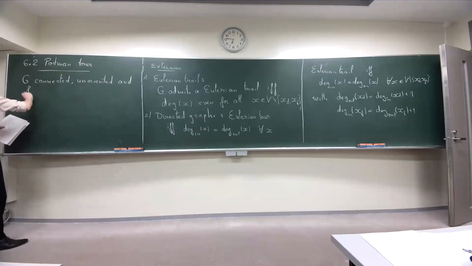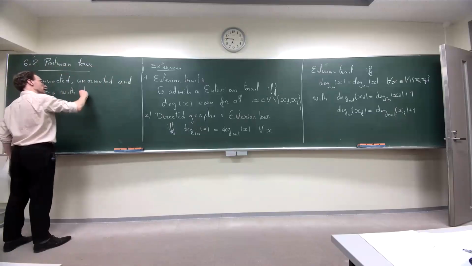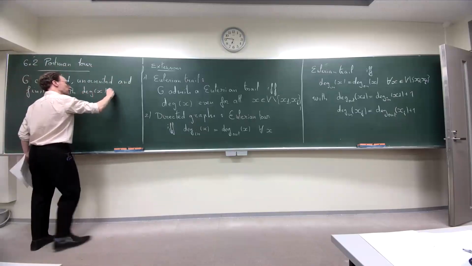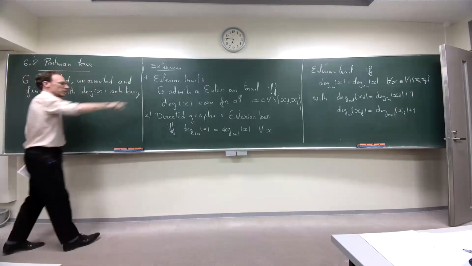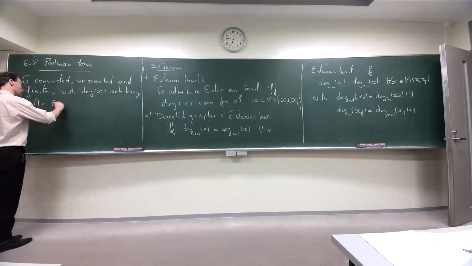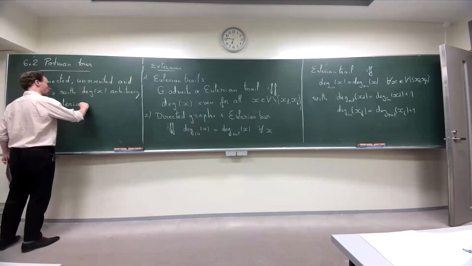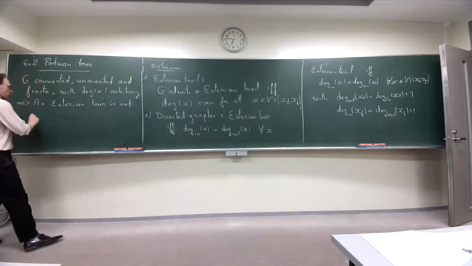I don't need to say it again. But now, with deg of x arbitrary, I don't impose that it's even or one of these two conditions. So as we know, then a Eulerian tour is not always possible, of course.